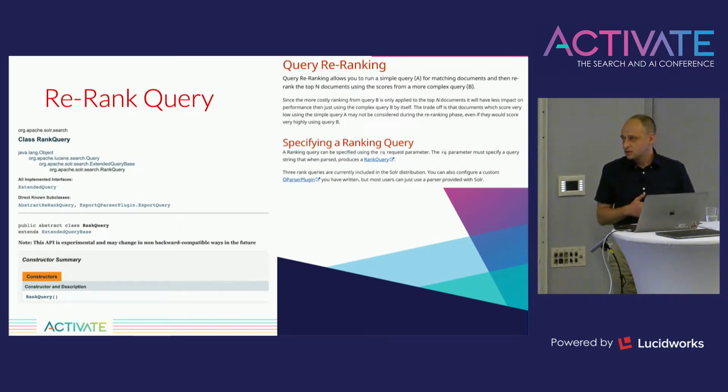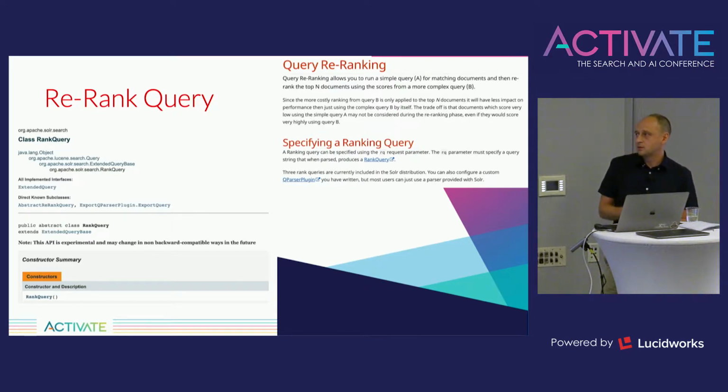Re-rank query is a functionality in Solr that allows to develop a re-rank function that would resort the results returned from the Solr query. We thought about developing a re-rank query that would not only sort items, but during sorting it would also group offers into products.